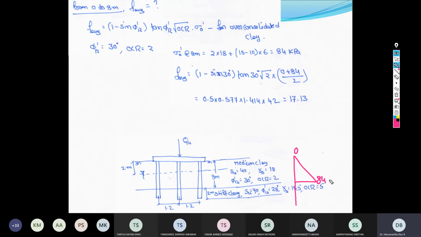So the average effective overburden pressure is nothing but (0 plus 84) by 2. The remaining values are known. Phi dash is 30, so f average is (1 minus sin 30) into tan 30 into square root of 2 into (0 plus 84) by 2. Substitute and calculate. So f average comes out to be 17.13.